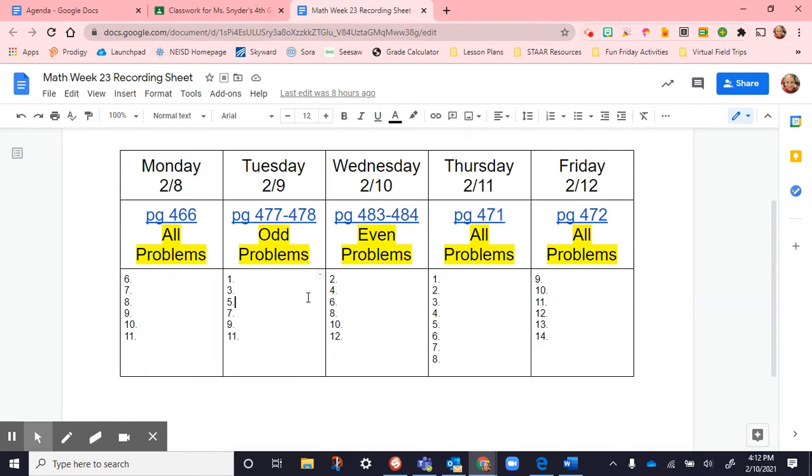A couple of these, like number 5, you can't record. You have to just draw it in your book. So go ahead and do the drawing in your book, and when you get to something like that, you're just going to put "drawn in book." You can't show that on here, so that's fine.